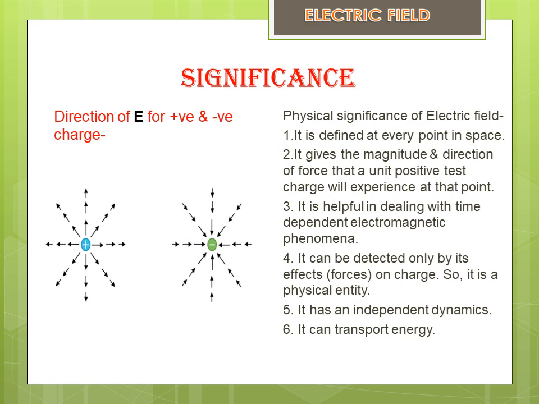So we can say electric field is defined at every point in the space. It gives the magnitude and direction of force that a unit positive test charge will experience at that point. It is helpful in dealing with time-dependent electromagnetic phenomena, which we will learn later on.